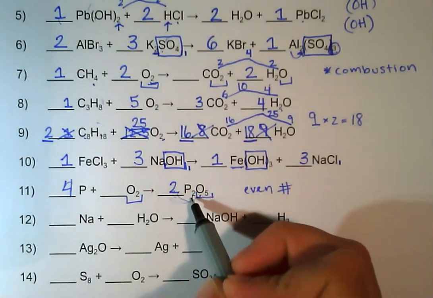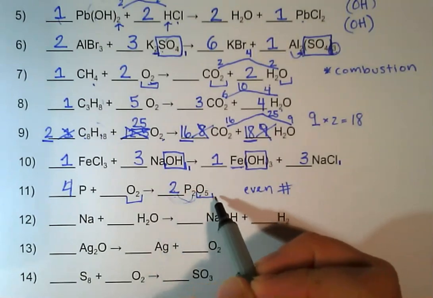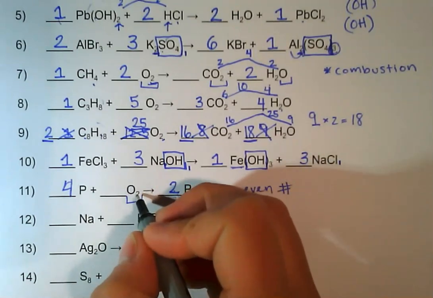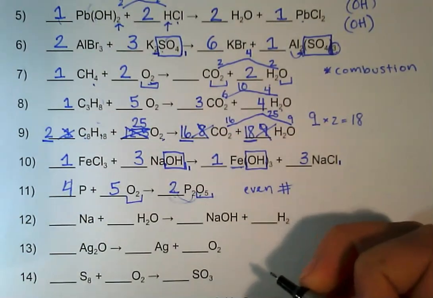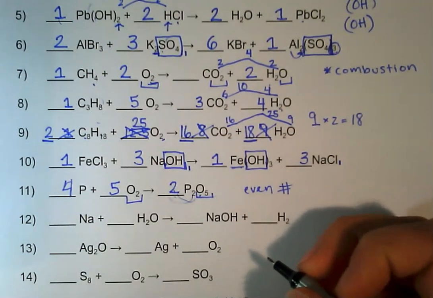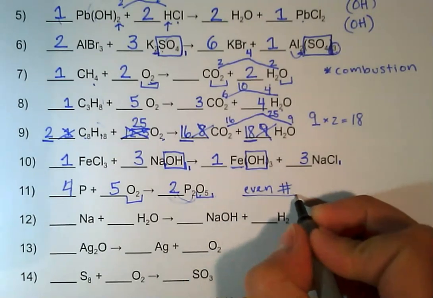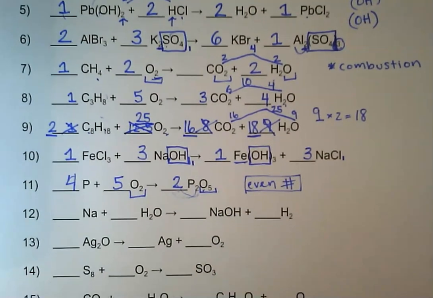So 4 phosphoruses, and now I have 2 times 5, 10 oxygens. So what times 2 will give me 10? Well, that is 5. And so this made this a nice, easy balancing problem, just by knowing that we needed an even number of oxygens.